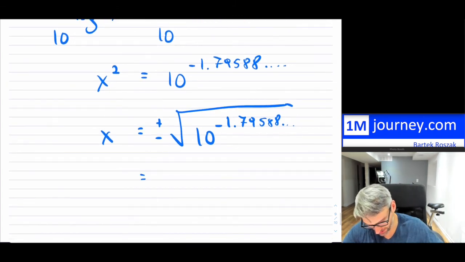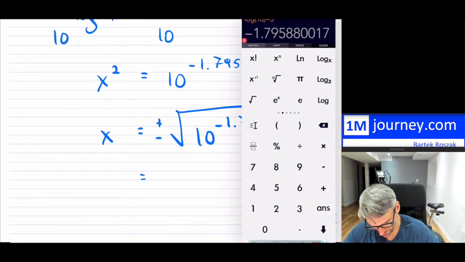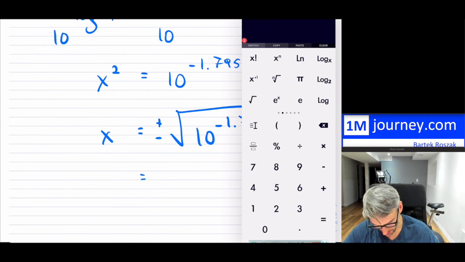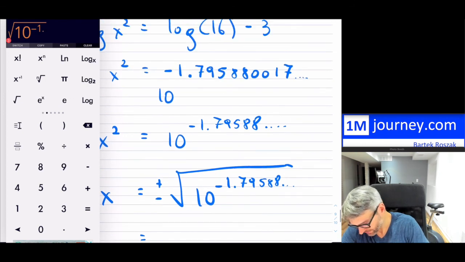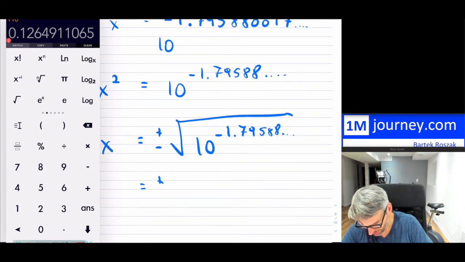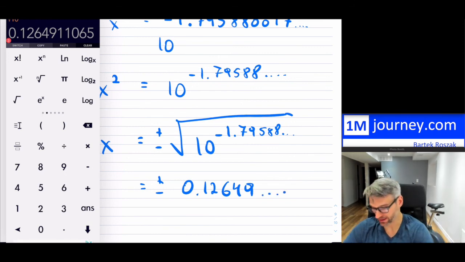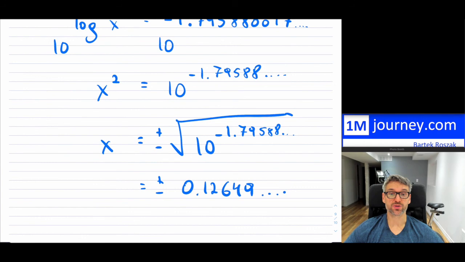So we're going to take the square root of 10 to the negative 1.795888017. I mean, probably overkilling this, but that's okay. So plus or minus 0.12649 and so on, and you can round as needed. And that's how you would solve this one.